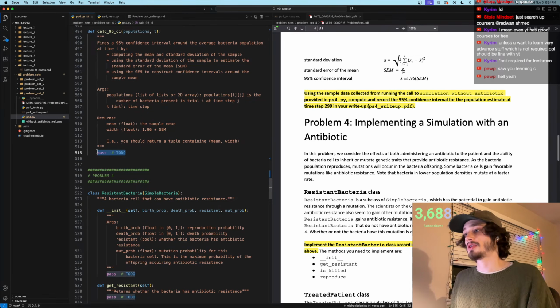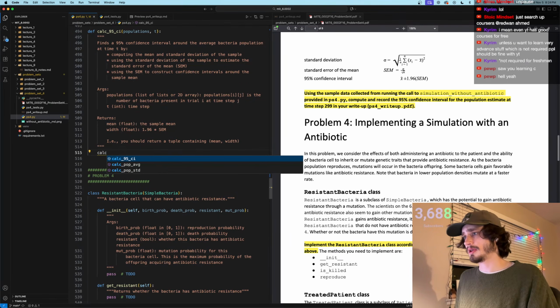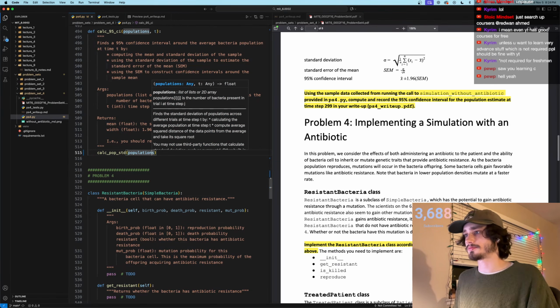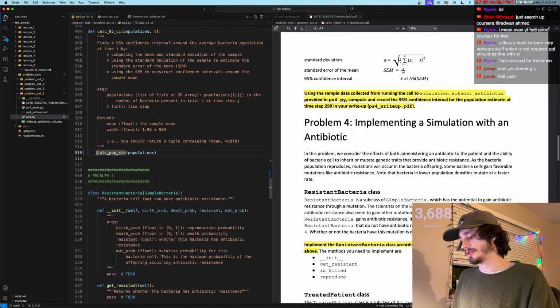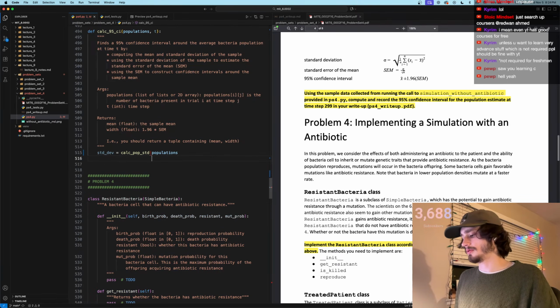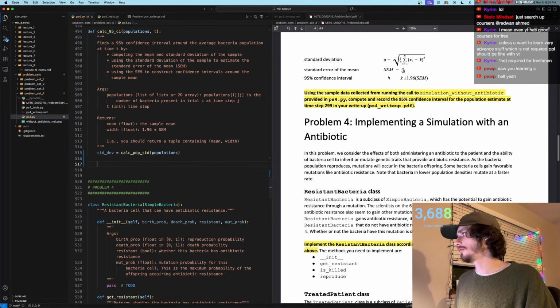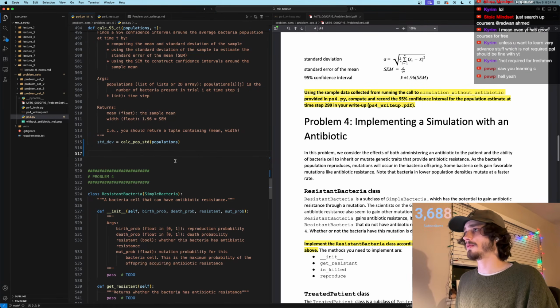So we can just call calc population standard dev for the populations, and then we're going to call this standard dev here. And then what we will do is compute the standard deviation over the square root of n.